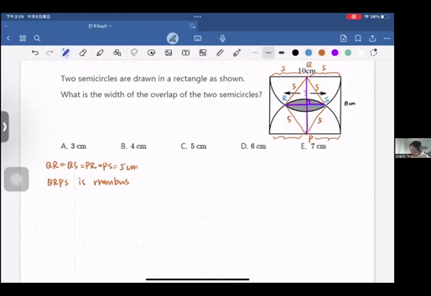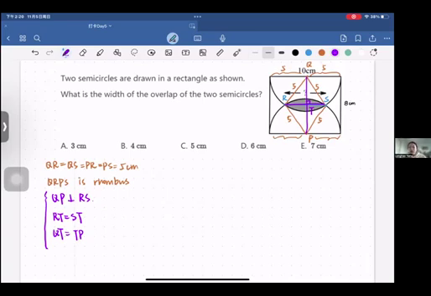Let's also write it down: QP is perpendicular to RS, which is the rhombus property. Also, this intersection, which I will denote as T, is the midpoint of these diagonals. So RT equals ST, and QT equals TP, because T is the midpoint of the diagonals.